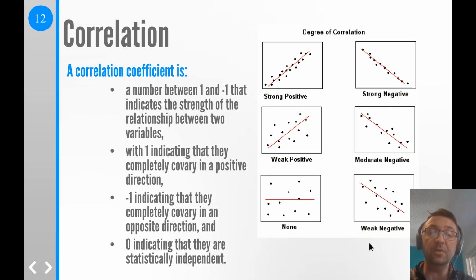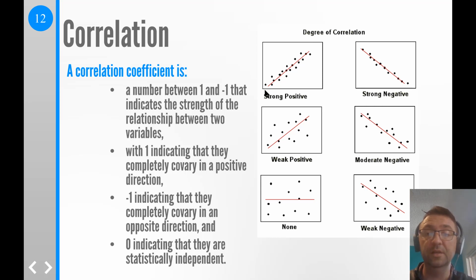Let's look on the right here at some examples of the different types of correlation. So this is a strong positive correlation. As one thing goes up, the other thing goes up.